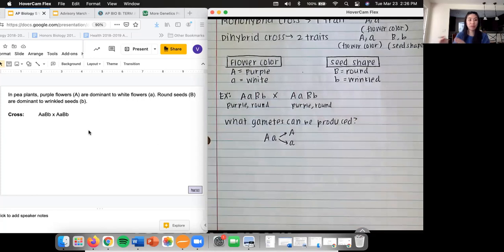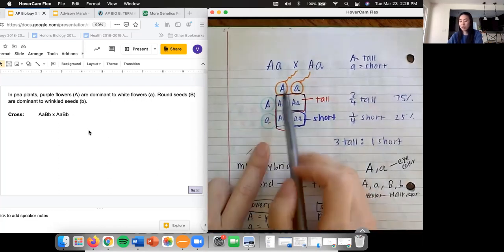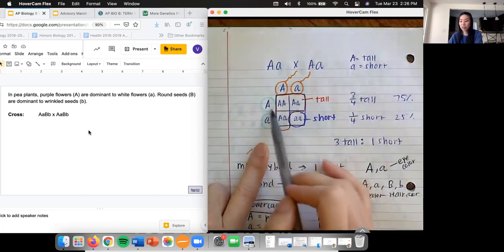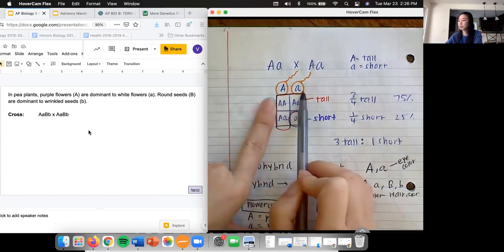Meiosis is going to produce half the cells with a capital A, half the cells with a lowercase a. Last week, we drew it out, like the sperm cells and the egg cells. These are the gametes that are made. So big A, little a.